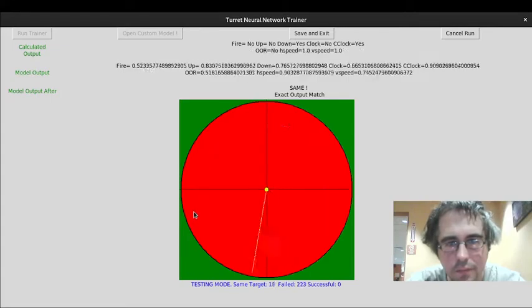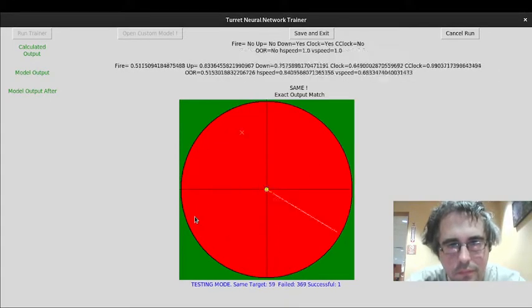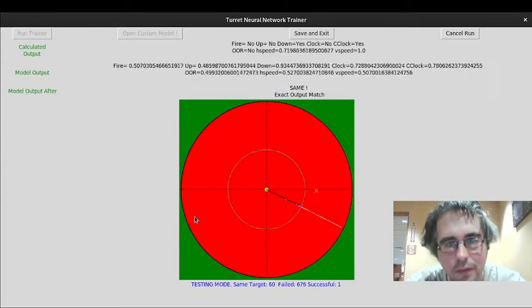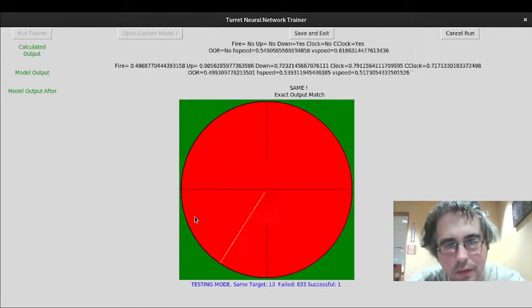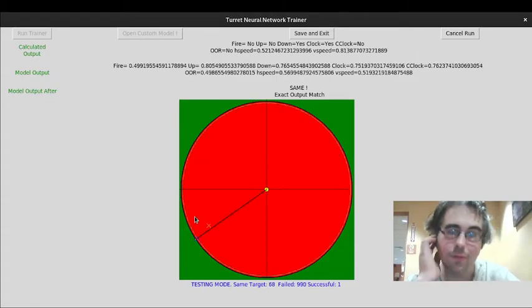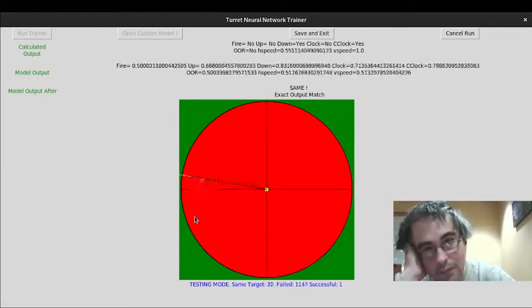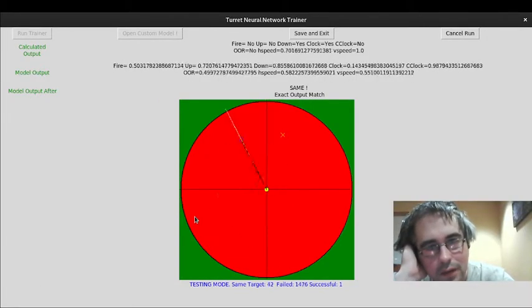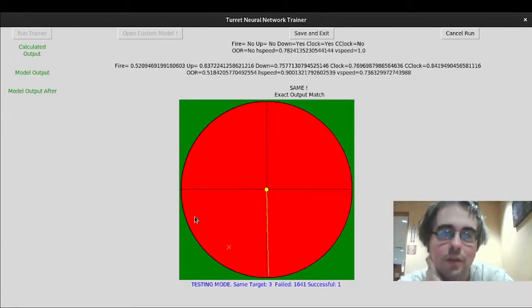Testing mode. And sometimes it looks like it's actually hitting the target like it should be. Okay, do you see that? One was successful. Boy, that's an increase thus far. See all the failures, however? Is it moving in the right direction? How close is it getting to the target?